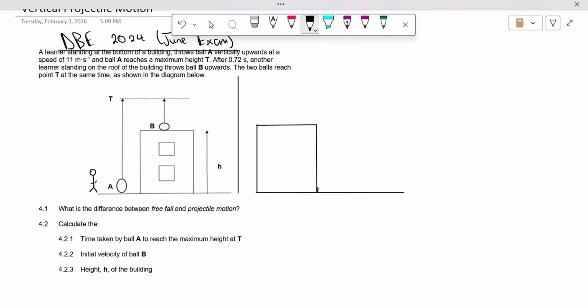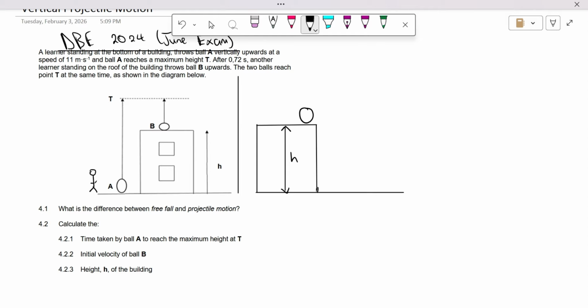Nothing has changed, nothing is different. I still have the height of the building being the height h. Okay, and I still have the ball B right there. Let me just put B in the ball.